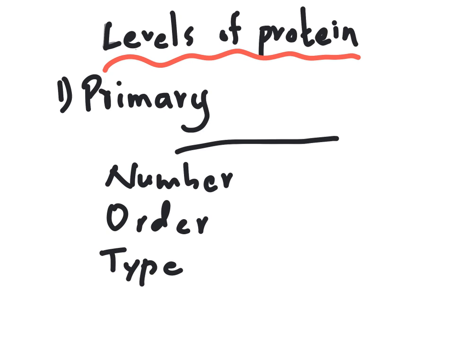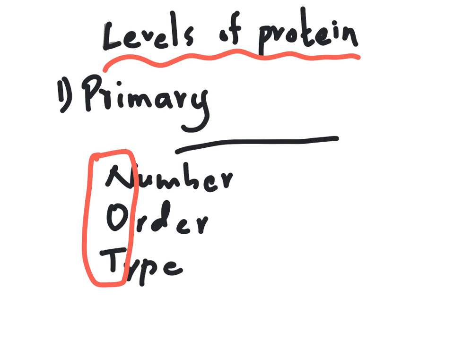So we can remember it by using an acronym, NOT: number, order, type. That means if the number of amino acids in a polypeptide chain varies, that's a different polypeptide. If the order is different, the polypeptide chain is different. If the type is different, that's also different, right?